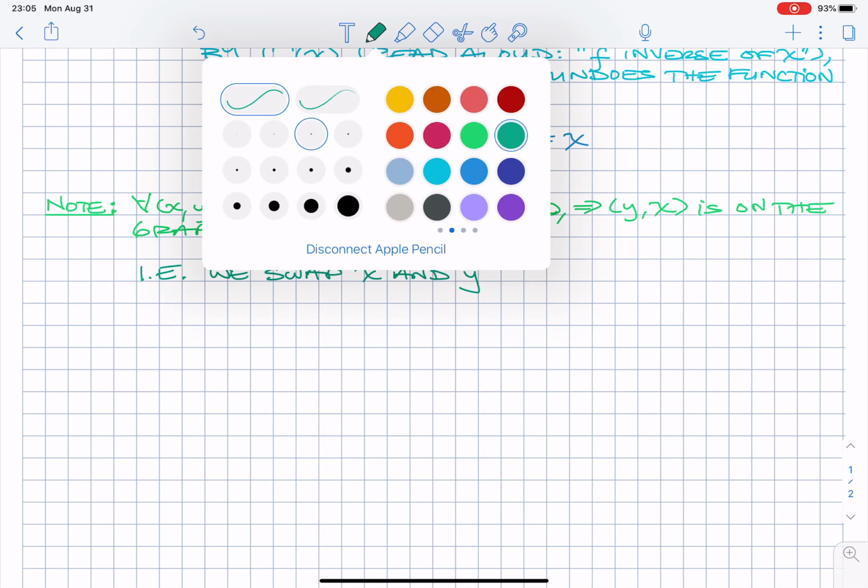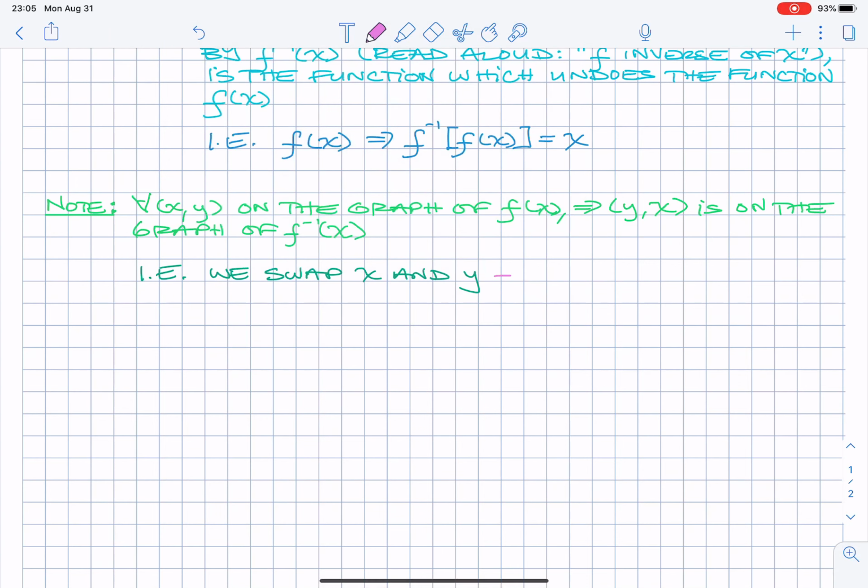Okay, another way of saying this: this implies that the domain of f of x, which is all inputs x, will be the range of f inverse of x, because now all of my x's become y's and vice versa.